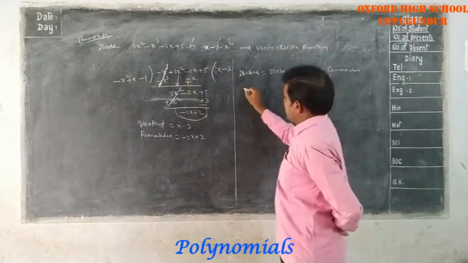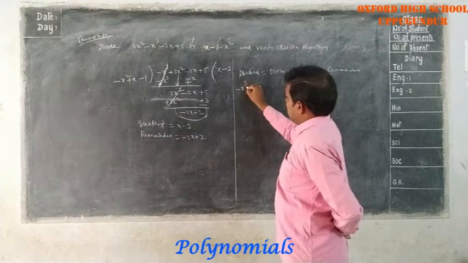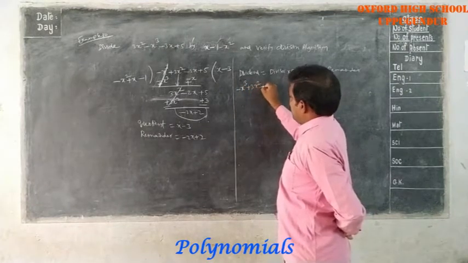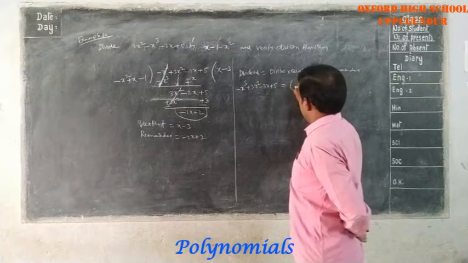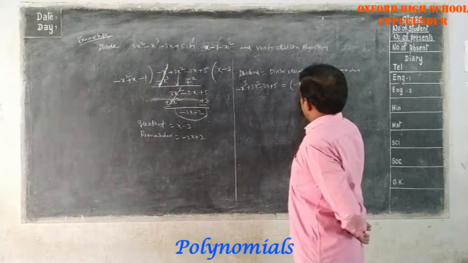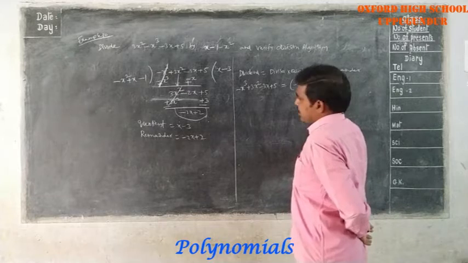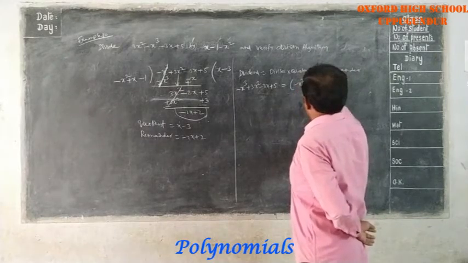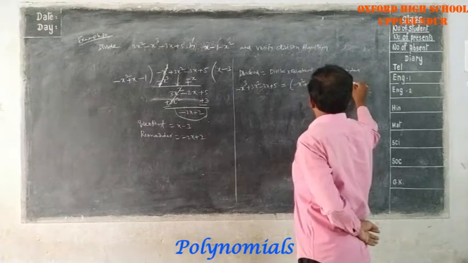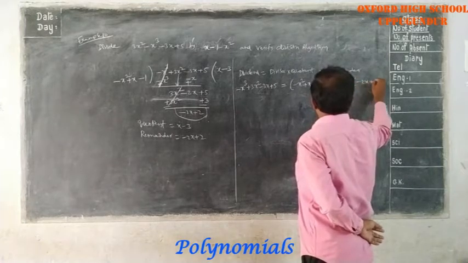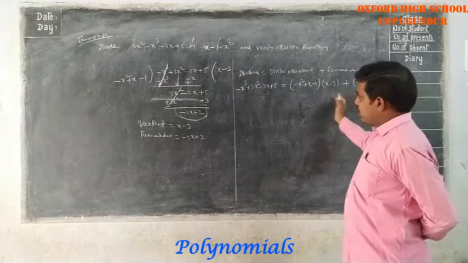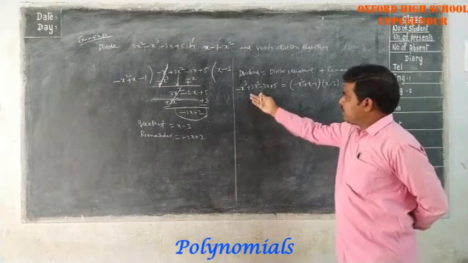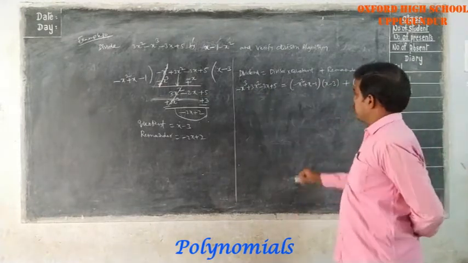This is the dividend: minus x cube plus 3x square minus 3x plus 5. This dividend equals, what is the divisor? Minus x square plus x minus 1, into the quotient x minus 3, plus the remainder minus 2x plus 2. So when you simplify this, on the right hand side you also have to get this same dividend.